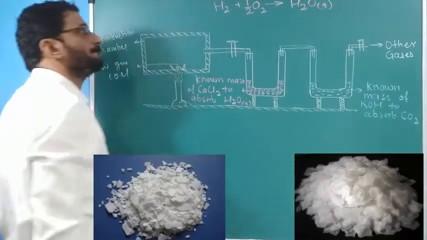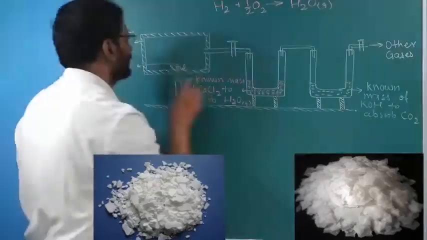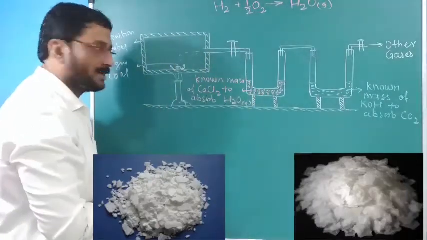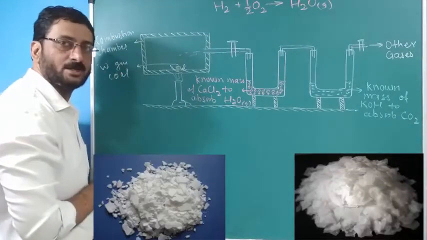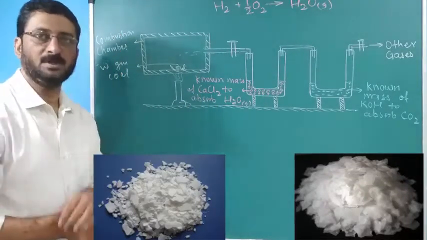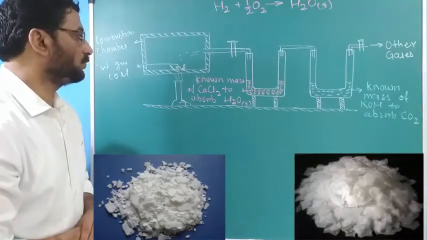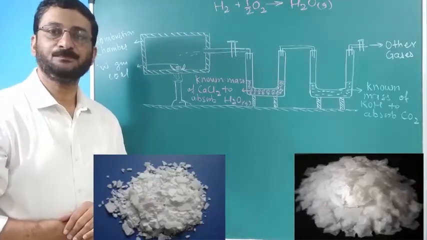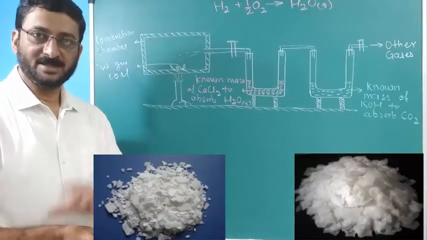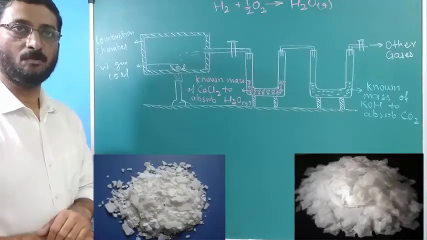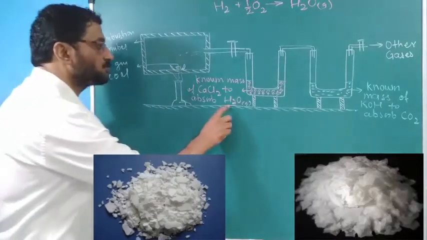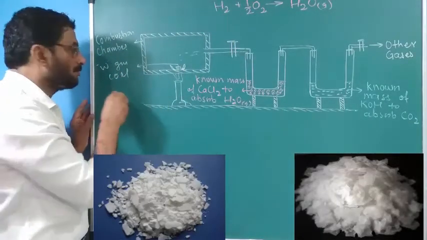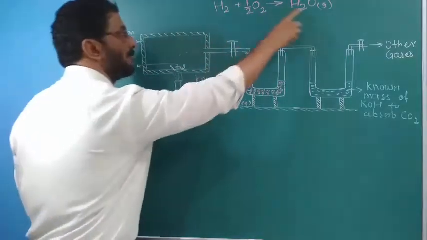This H2O gas is allowed to pass through the first U tube containing a known mass of CaCl2 to absorb it. We have used anhydrous CaCl2 in the earlier analysis as a desiccant. It shows the tendency to absorb moisture. So the H2O gas coming from whatever hydrogen is present in the W gram of coal.